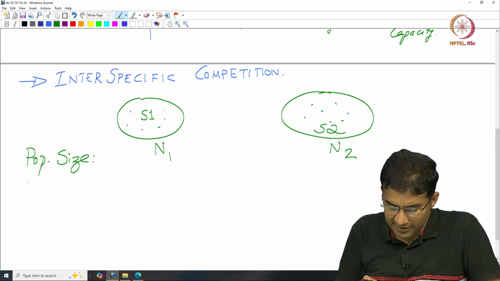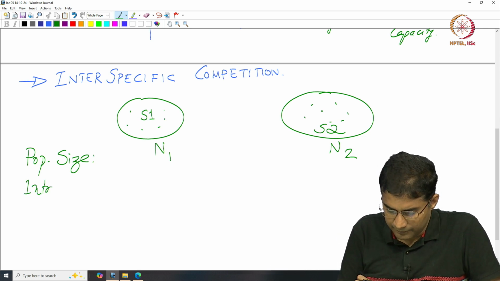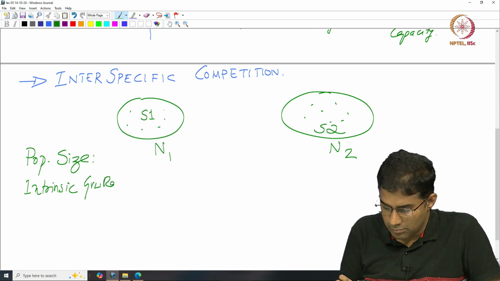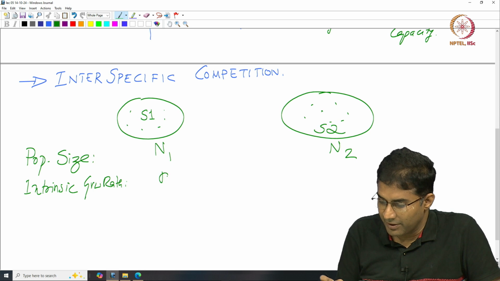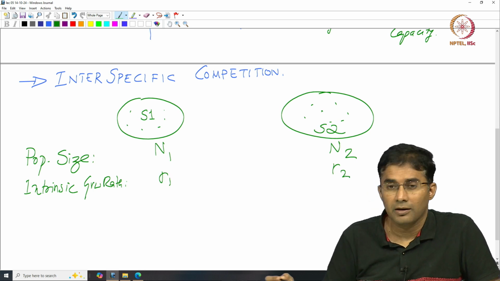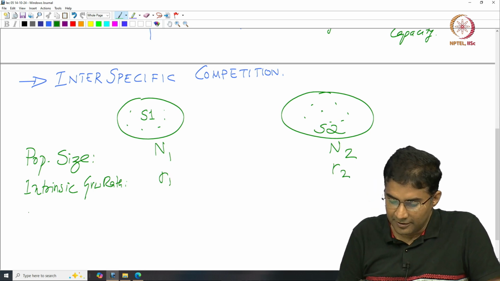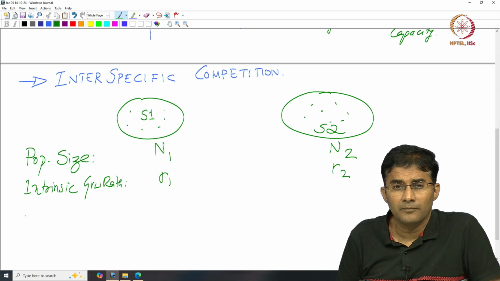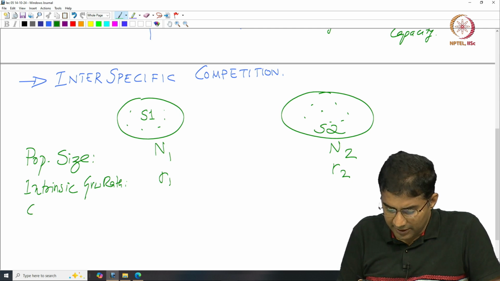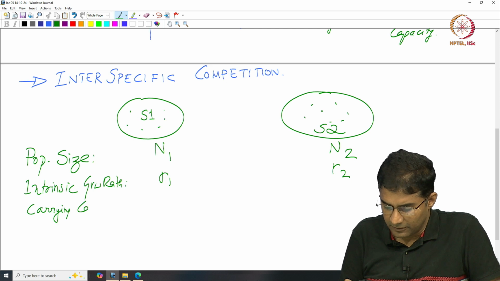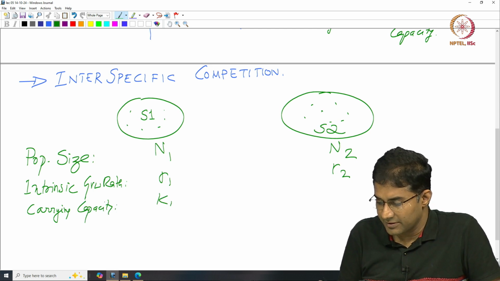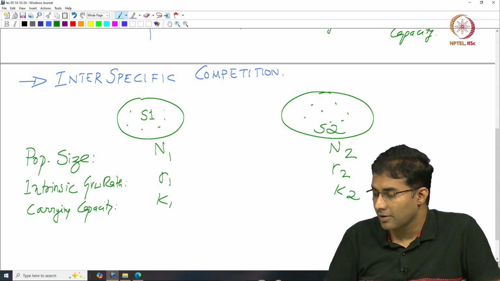Let us say their intrinsic growth rates are given by R1 and R2, and further let us denote the corresponding carrying capacities as K1 and K2.